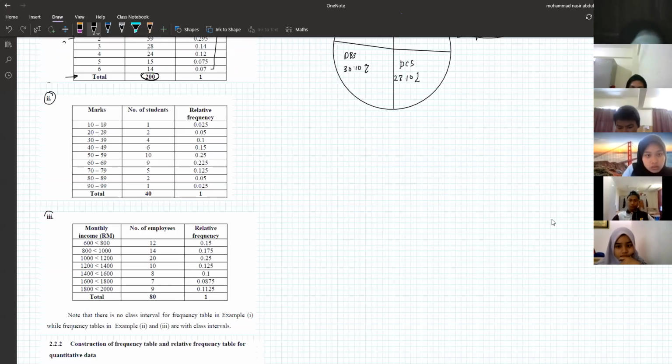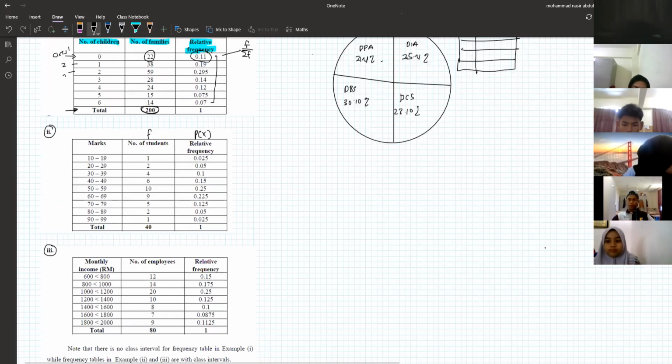And the last example of frequency table is based on less than value, 600 less than 800, 800 less than 1000. The following columns still remain frequency and relative frequency.